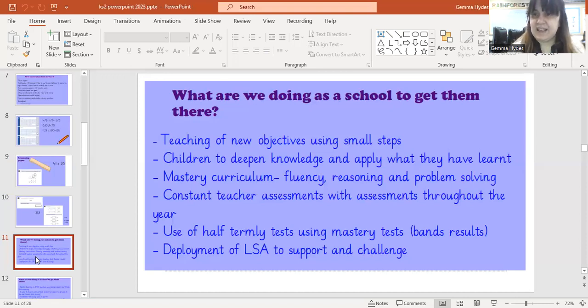And we then give bands at the end of the terms, and we have super learning support assistants in Year 6 who are constantly supporting children. We also have learning support assistants throughout Year 3, Year 4 and Year 5 who are, again, filling gaps, but also stretching and challenging children as well.